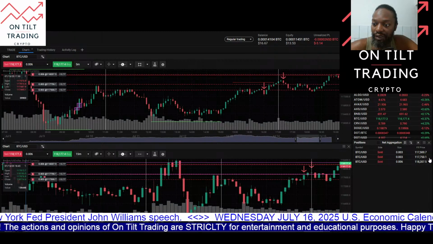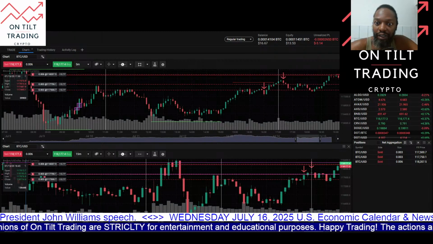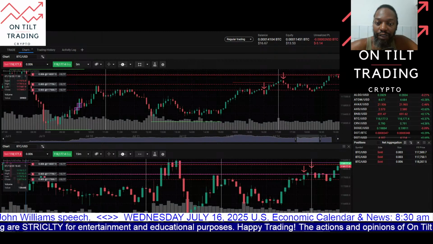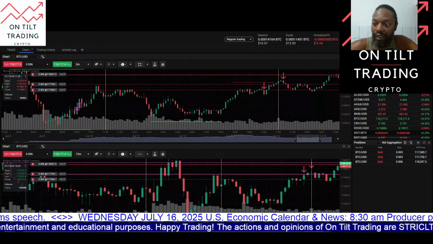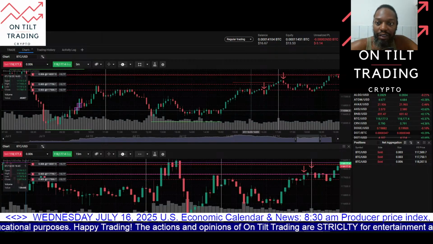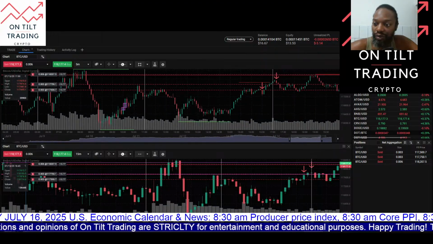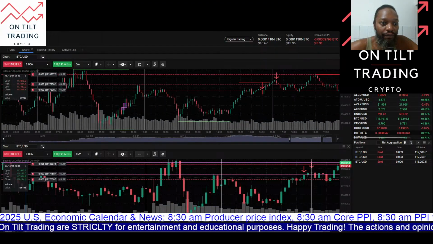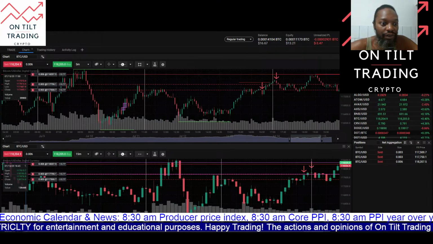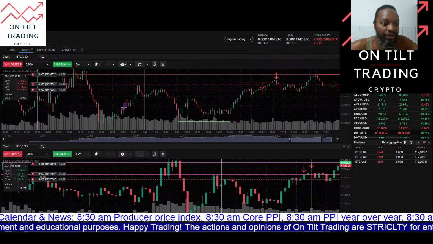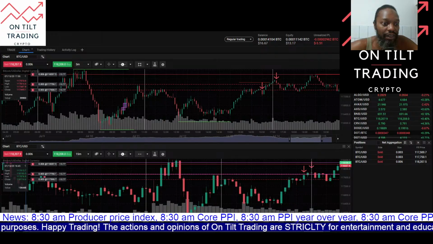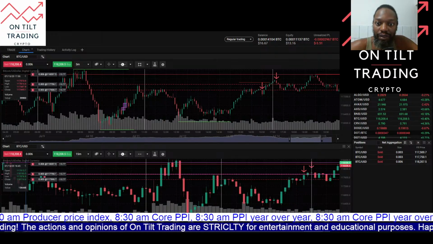And then this is the area where I caught on to what Bitcoin may be doing and took entries here based off of what I was just showing. So took entries here basically with the average right at this candle low here.